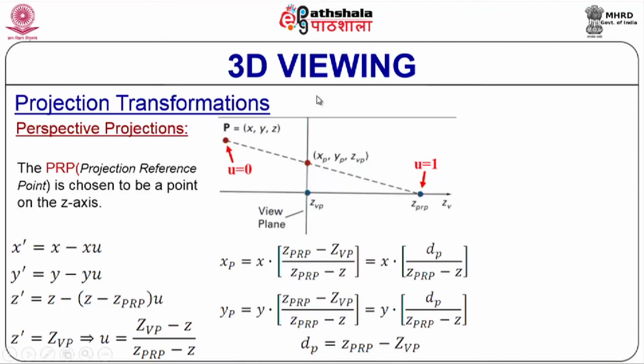So let ZVP be the equation of the view plane. If the point has to hit the view plane here, the projection point, its coordinates are XP, YP and ZVP. Now our aim is to find out what is XP, what is YP, and ZVP is already known.